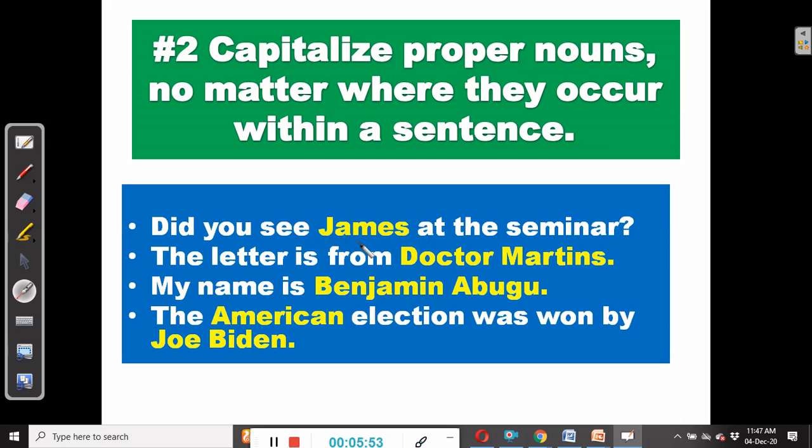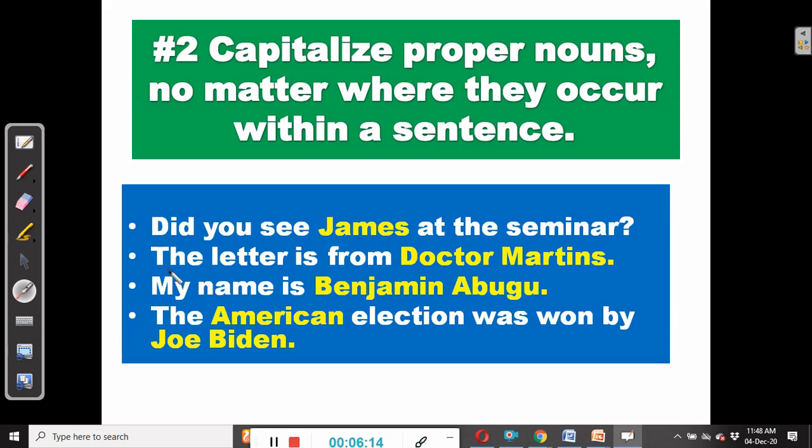So man is a name common to many people, that belong to that species of human beings, that class of human beings that all can be called man or men. But James is the name of a particular man.